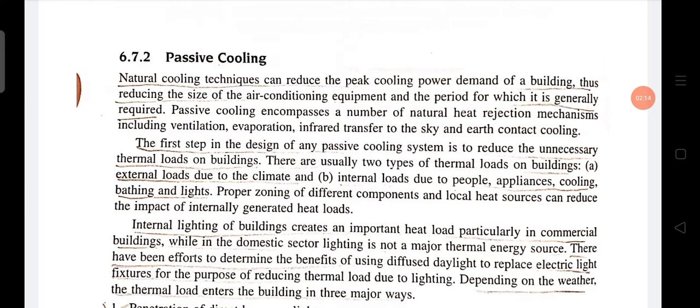We can cool our living room or building by eliminating these two sources. The internal thermal load can be reduced through lighting.